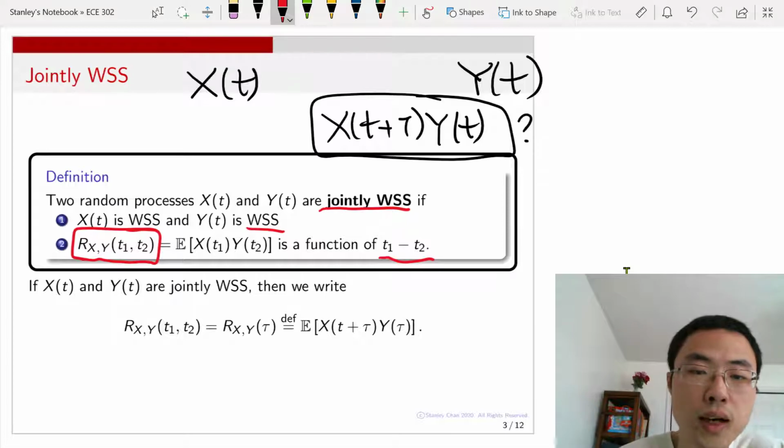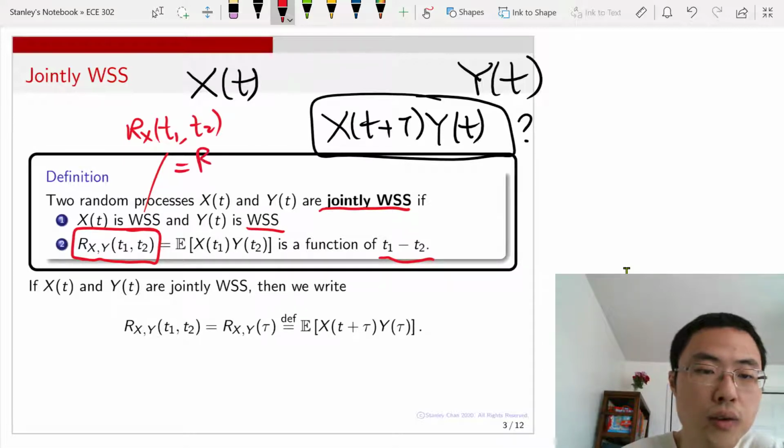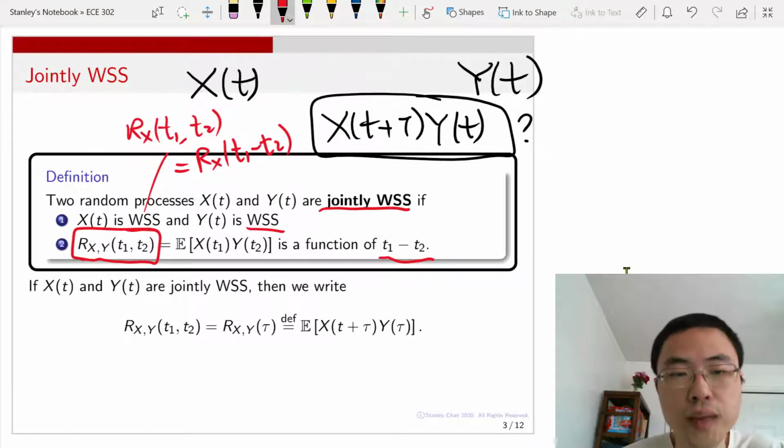Now you can see that if x is wide-sense stationary, you already have Rx of t1 and t2 equal to Rx of t1 minus t2, given by the autocorrelation function. Same for your y. Having both does not automatically give you this wide-sense stationary property for the cross term. In order for the cross term to also be wide-sense stationary, you need to assume, or define it to be wide-sense stationary.